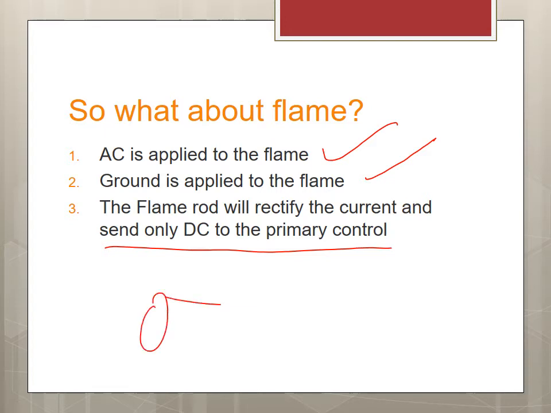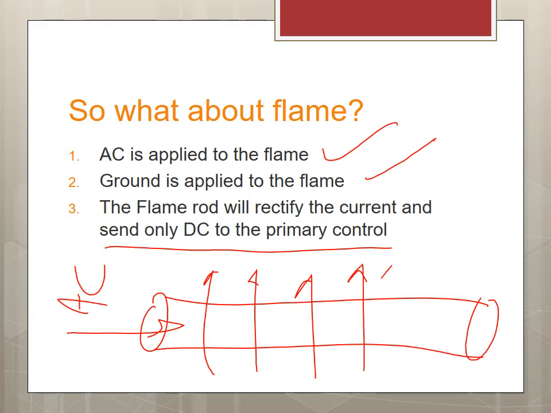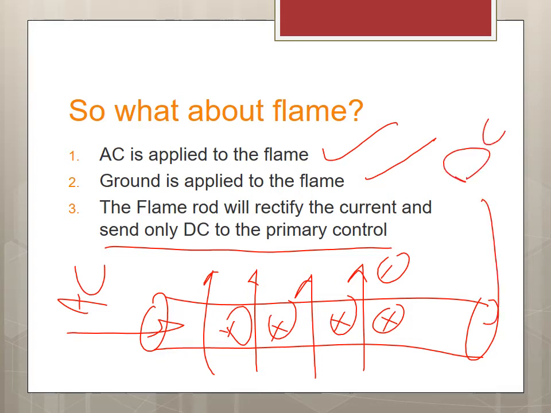So if this is my flame rod and I'm applying AC to it, as the flame goes on, the ions here, the negative signals, will unite with the rectification system with these charges and neutralize, and we end up here with DC with negative current. Based on how much negative current we have, that means we rectified most of the system, and this can measure the intensity of the fire. That's putting it in a very simplistic way.